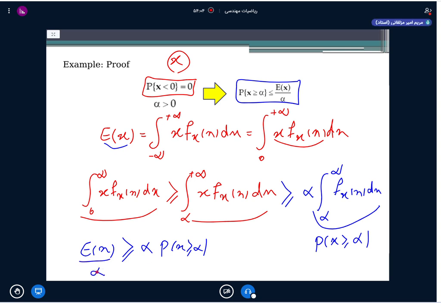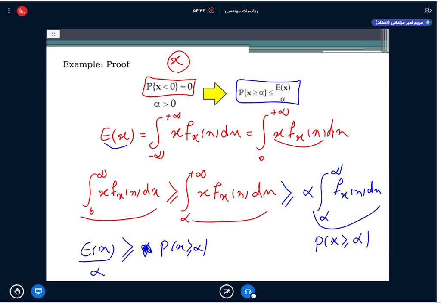If you divide both sides by alpha, we have this inequality, and we prove the inequality that we want. Any question? In this example, we prove this inequality by using this information about the random variable X.